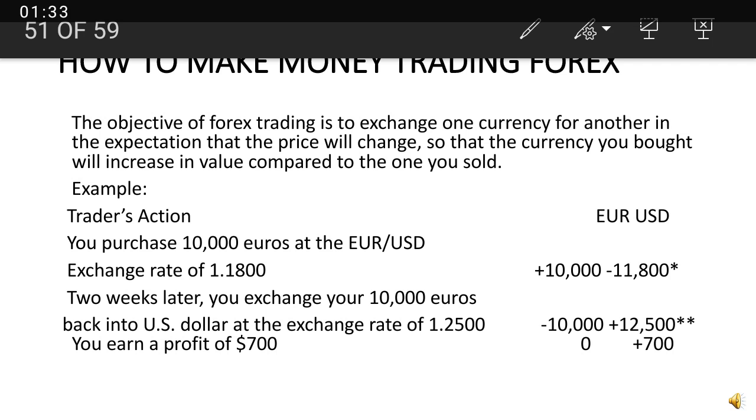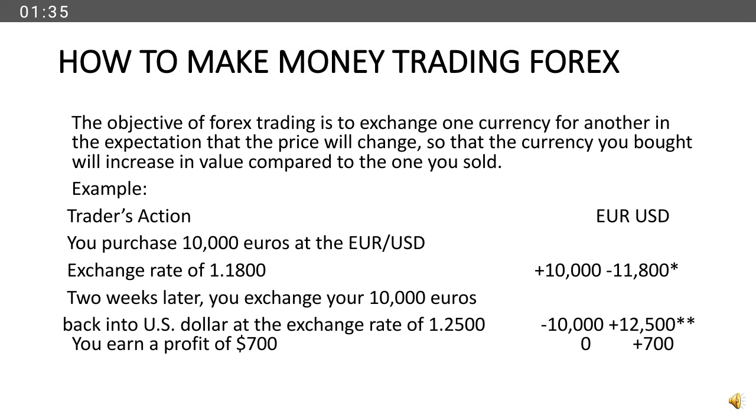How to make money trading forex. Now, the objective of forex trading is to exchange one currency for another in the expectation that the price will change, so that the currency you bought will increase in value compared to the one you sold.